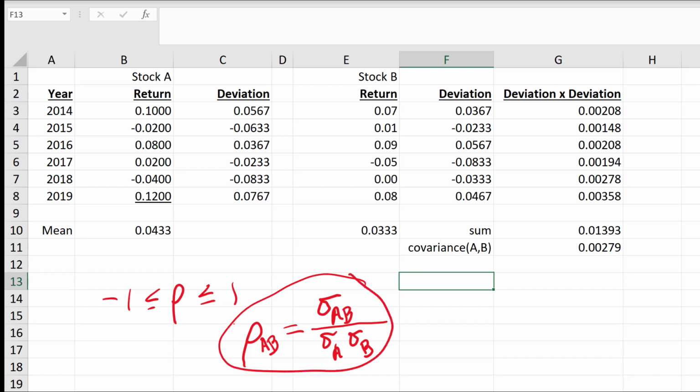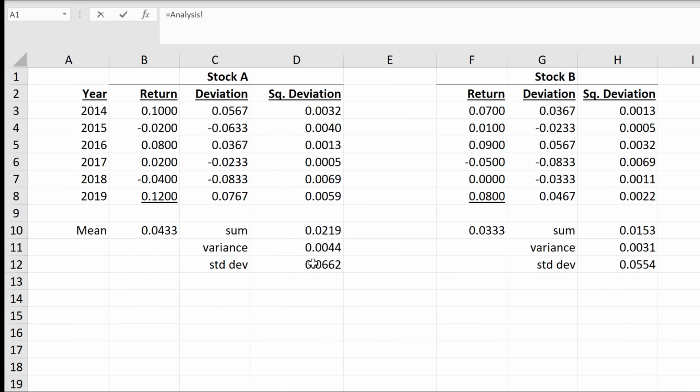So that's the calculation. And so we just need all of these inputs in order to calculate rho. And so we need standard deviation for A and standard deviation for B. I've already calculated A, did that in a previous tab, and so I'll reference that cell. It's right here.